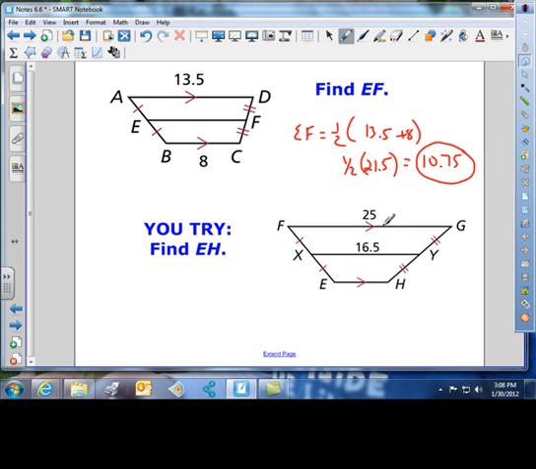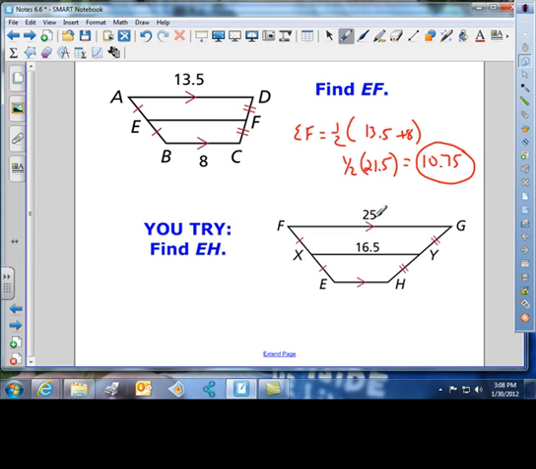Okay. Now here, a little bit different. You could set up a formula here, but if you notice here, since it's halfway through there, it's half the distance of the sum of these two. You could say that this is 13.5, then that goes to 10.75. This goes to 8. The difference among those three is the same.